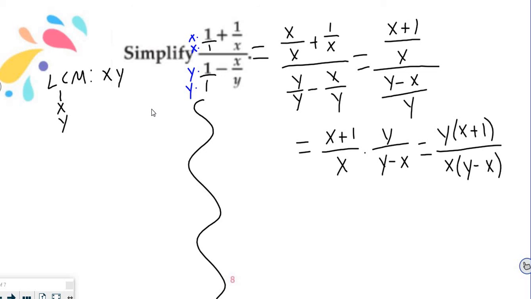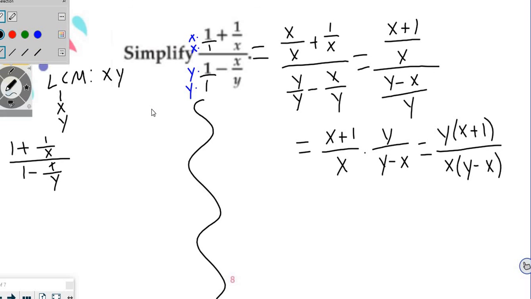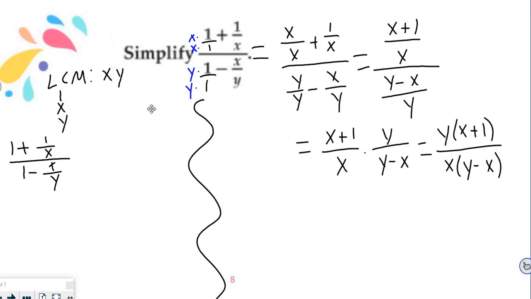Are we all okay with that? So, what I would do, or the other way that we can look at it instead, is take that big, not so nice fraction, and multiply the top and the bottom by my least common multiple of all of the denominators.